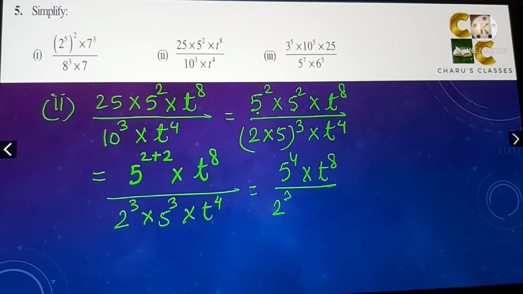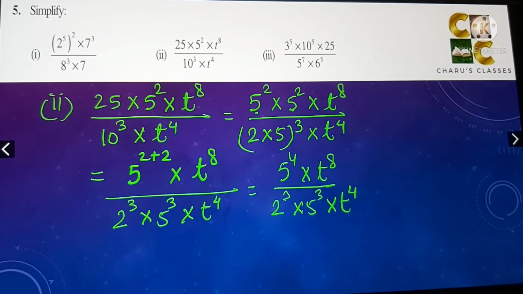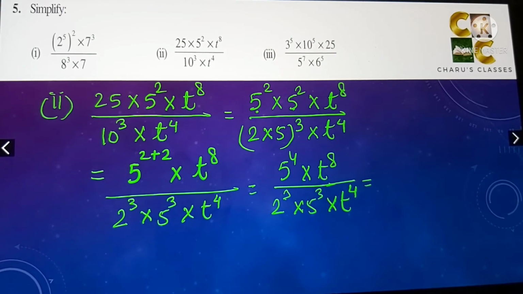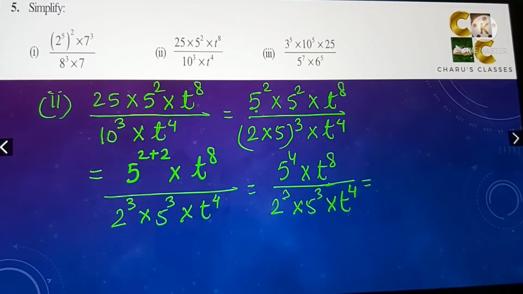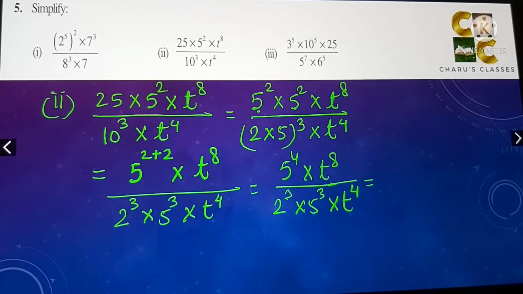This becomes 5 to the power 4 into t to the power 8 by 2 to the power 3 into 5 to the power 3 into t to the power 4. So we have in the numerator and the denominator some powers of 5 and some powers of t. So we are going to use the division law here.